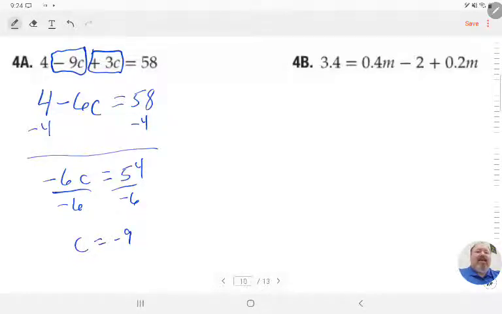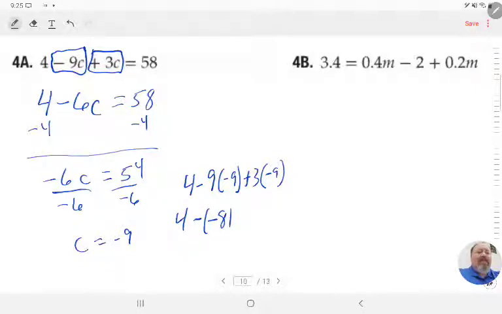Now to check that, I could say 4 minus 9 times negative 9 plus 3 times negative 9. Well, 4 minus 9 times a negative 9 would then be a negative 81.